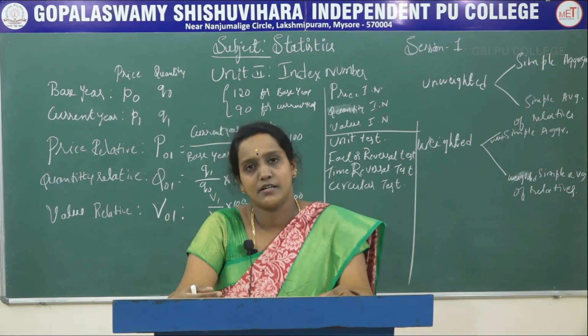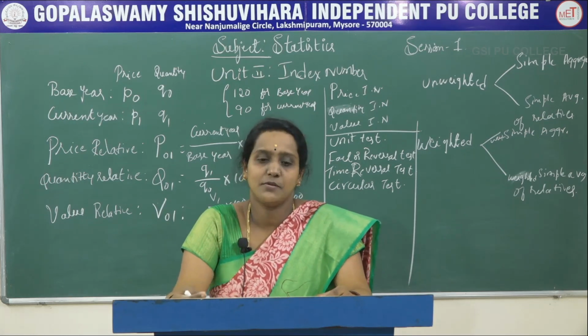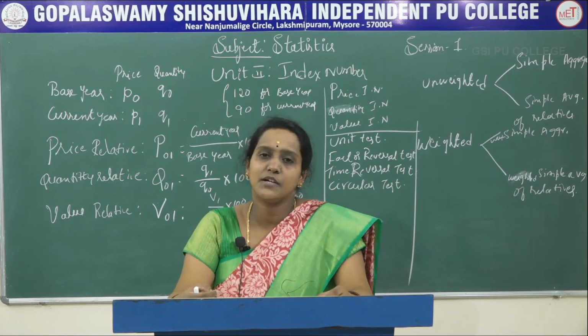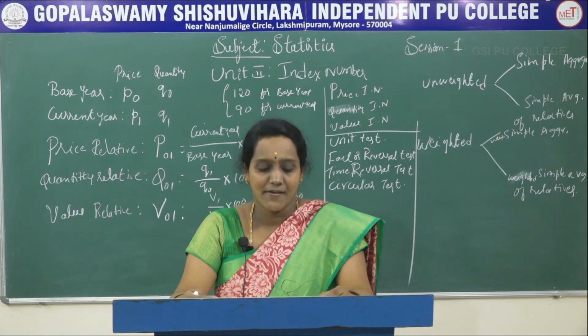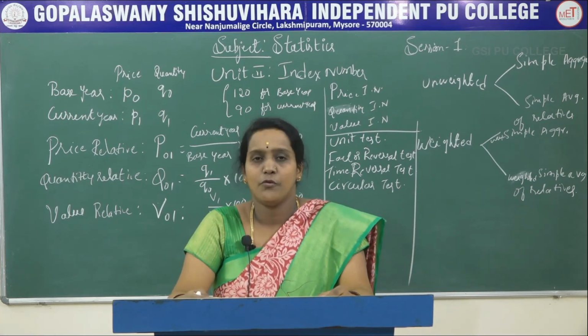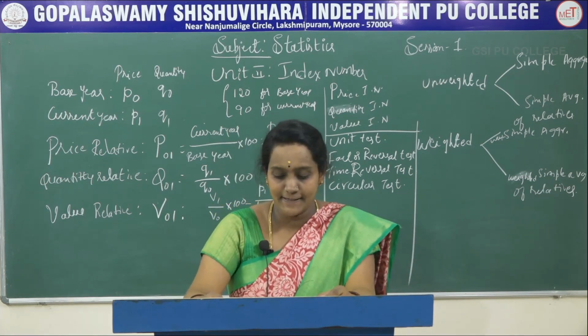Whereas in family budget we will take the quantities with weights. This is the difference between aggregative expenditure and family budget. In aggregative expenditure method we will consider only the quantities, whereas in family budget method we will consider weight of quantities. Both we should consider in this.